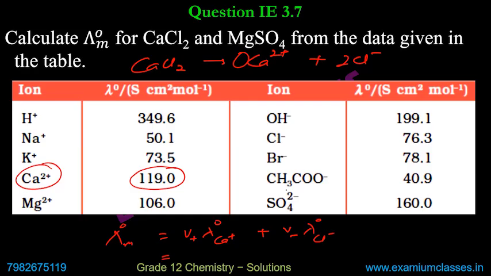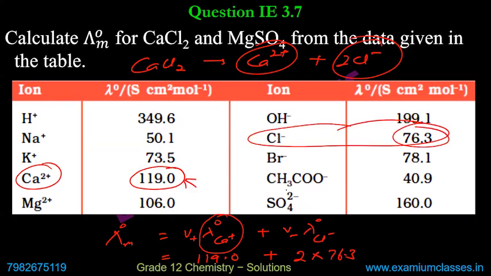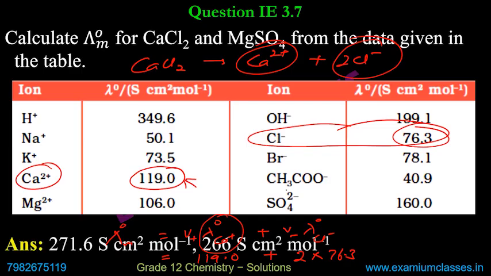There is only one Ca2 plus, so nu plus will be 1. And lambda naught of Ca2 plus is given here. Substitute it, 119.0 plus. You have 2 Cl, so you will write twice of Cl minus, 76.3. Solve it. You will get the answer as 271.6.